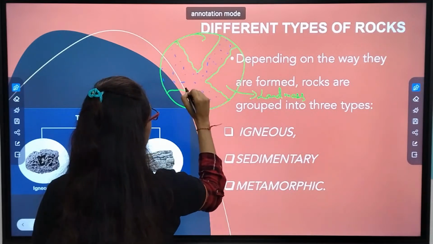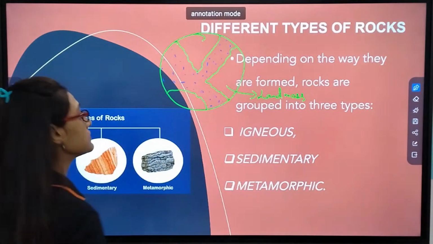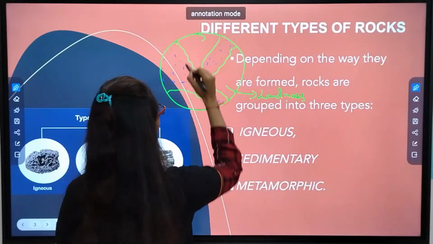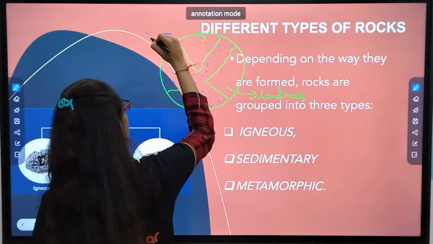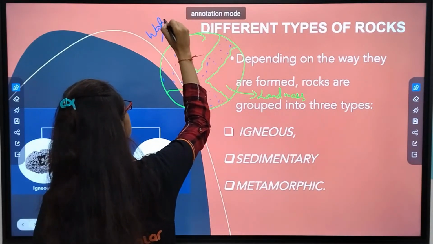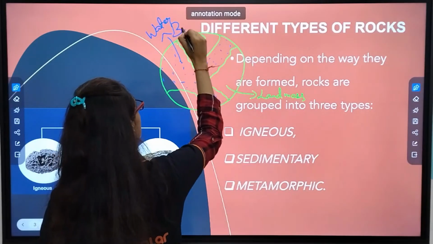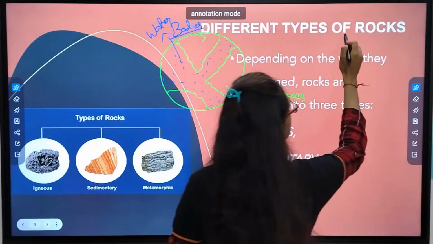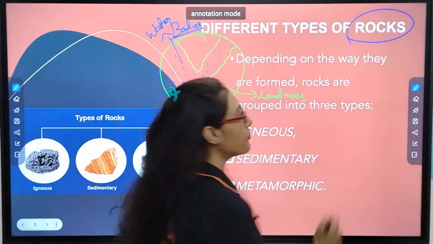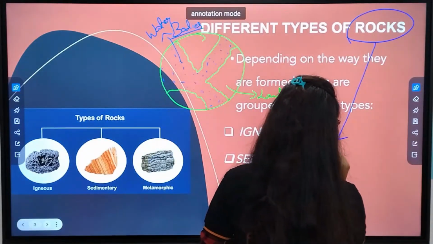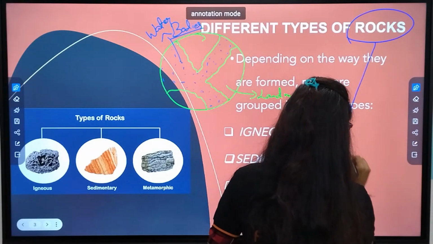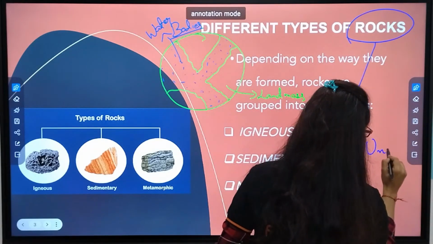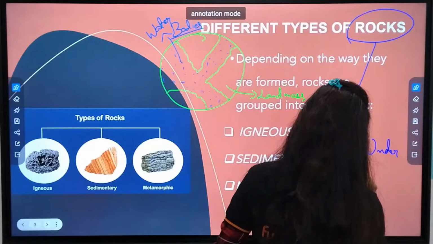This is the landform, this is the water bodies. So these rocks are found both on the land and under water.